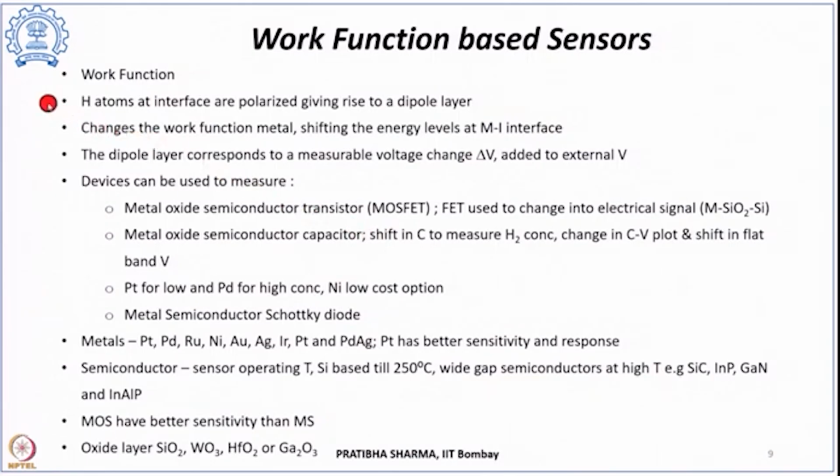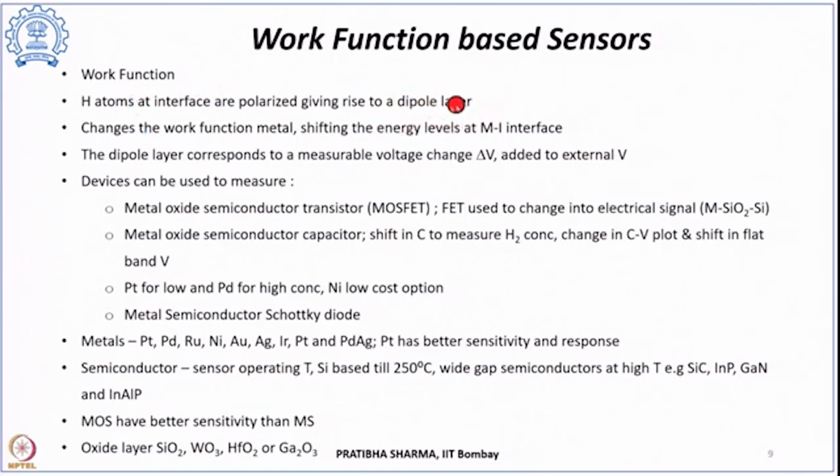Hydrogen diffuses through this hydrogen sensitive metal layer and reaches the metal semiconductor or metal oxide semiconductor interface, and at that interface the hydrogen atoms are polarized and that gives rise to a dipole layer.